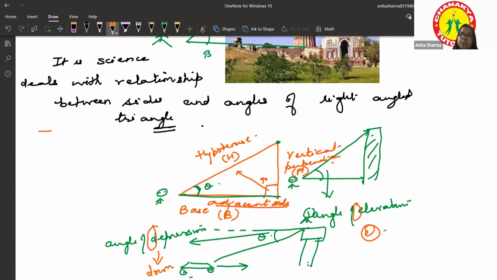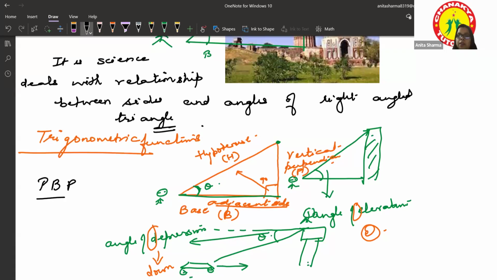Now come to the trigonometry functions. I am going to tell you a short trick: Pandit Badri Prasad har har bole sona chandi tol. This is the trick to find the trigonometry functions.